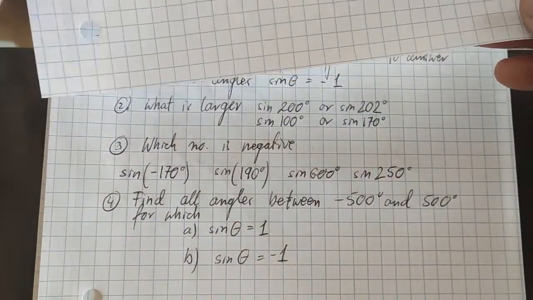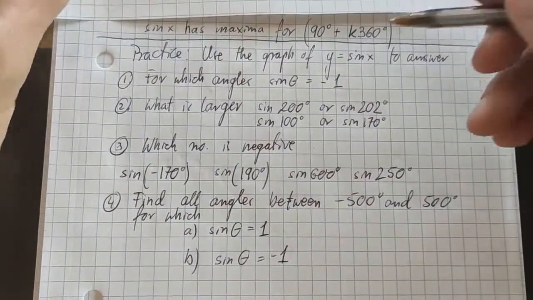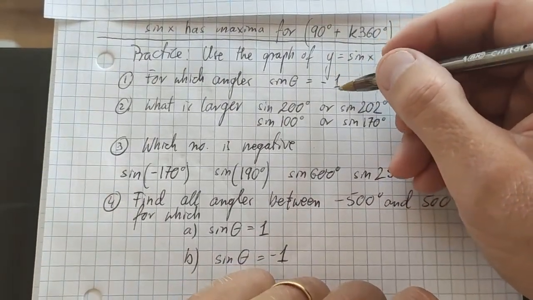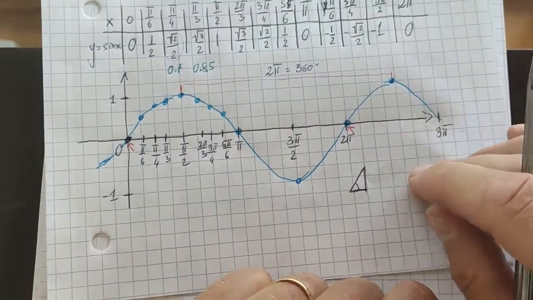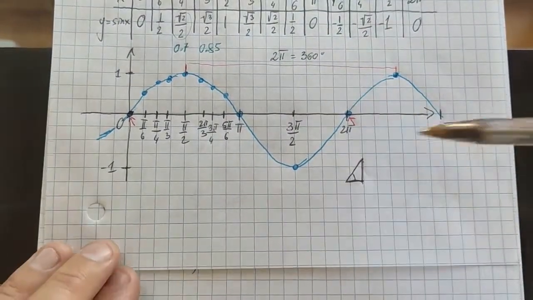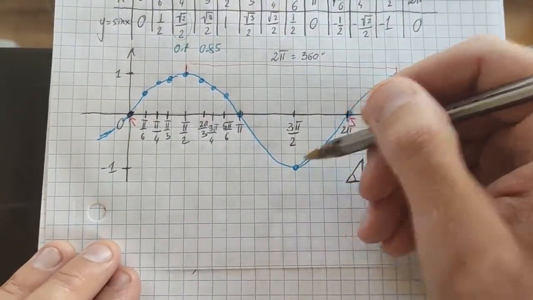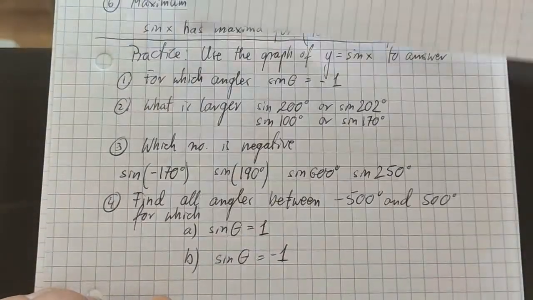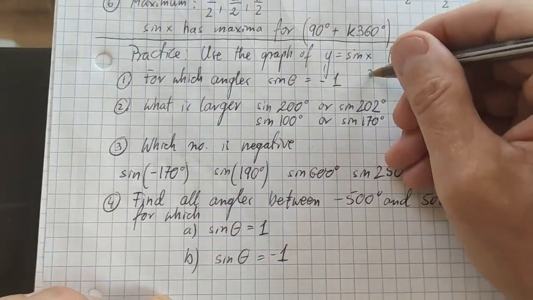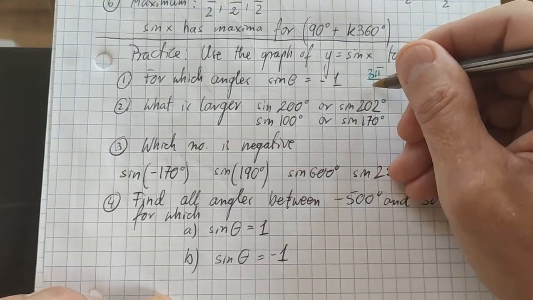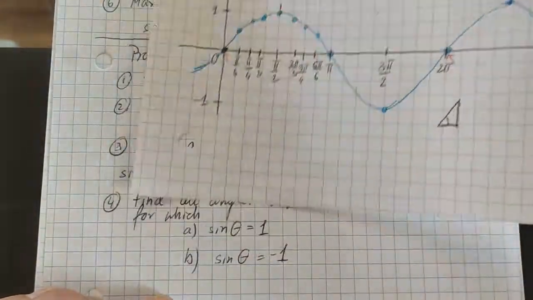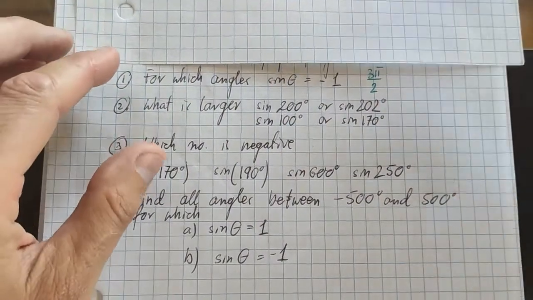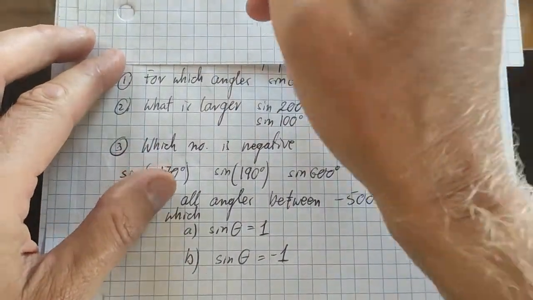All right, let's look at the first problem. Find angles for which sine of theta is negative 1. You just look at the graph, and the first one that comes to my mind is 3 pi over 2, which is 270. And we could also go this way.